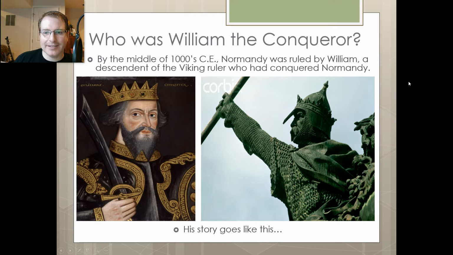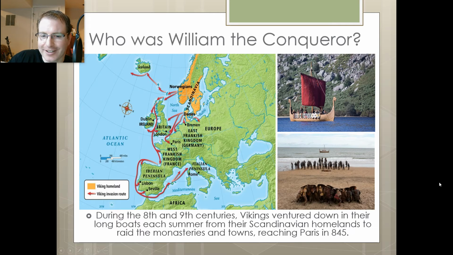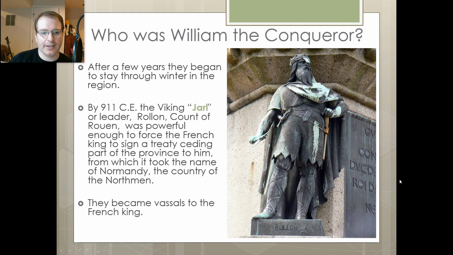Now, what happens is, we have a Viking descendant who is ruling Normandy, and his name was William the Conqueror. Well, he's not the conqueror yet. So we know that the Vikings wound up ruling Normandy, and we know that they eventually get to Paris, and they make a deal where basically the ruler of the Normans gets to be called a Jarl, and he is a vassal to the French crown.